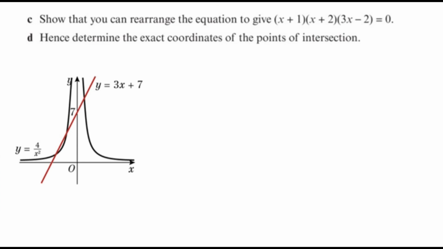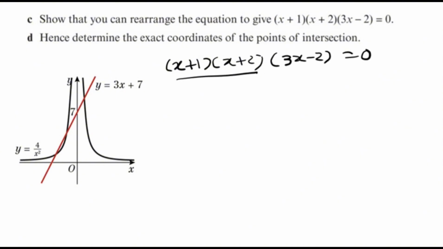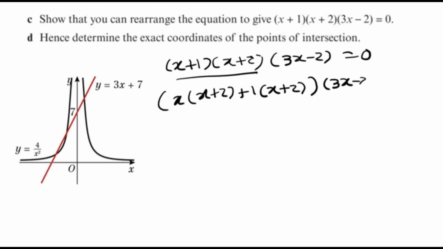So let's start. x plus 1, x plus 2 and 3x minus 2 equal to 0. We are expanding these 2 brackets first. So x into x plus 2 plus 1 into x plus 2, 3x minus 2 equal to 0.